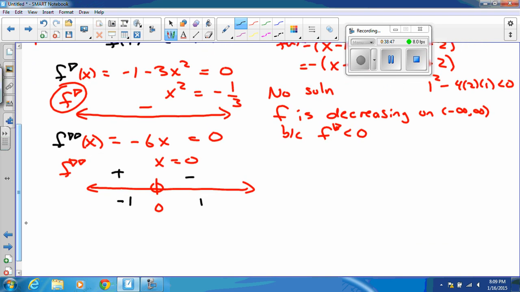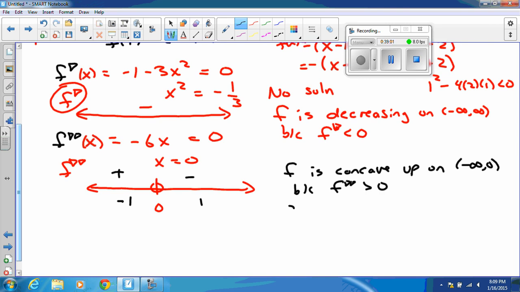When I create for myself an f double prime number line, please notice that it is labeled as f double prime. I plug in a value, let's say x equals negative 1, I get positive for my second derivative. I plug in x equals 1, I get negative for my second derivative.